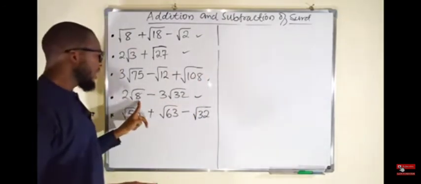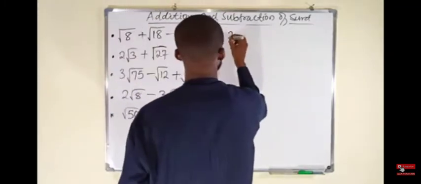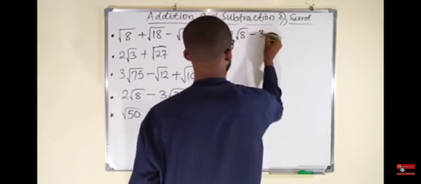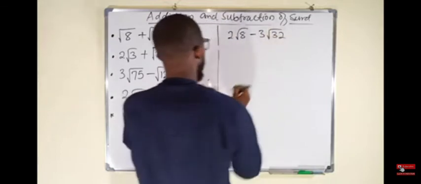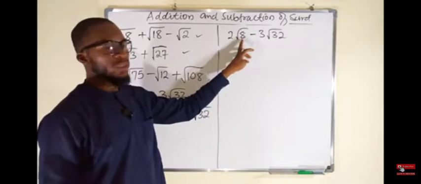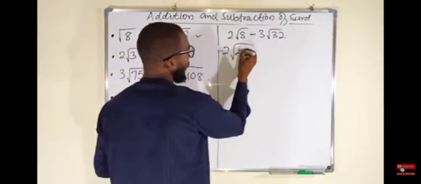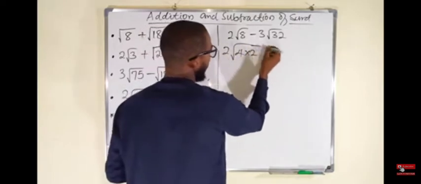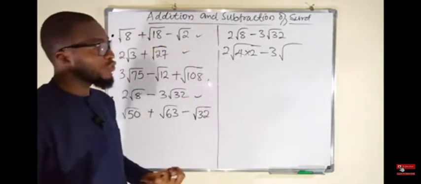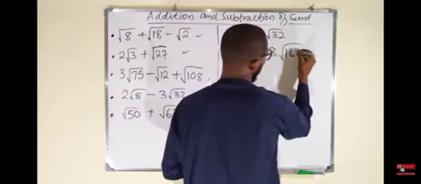We have 2 root 8 minus 3 root 32. A perfect square multiplying another number to get 8 is 4 times 2. So we have 4 multiplied by 2 minus 3, and I believe 16 times 2 is 32, and 16 is a perfect square number.